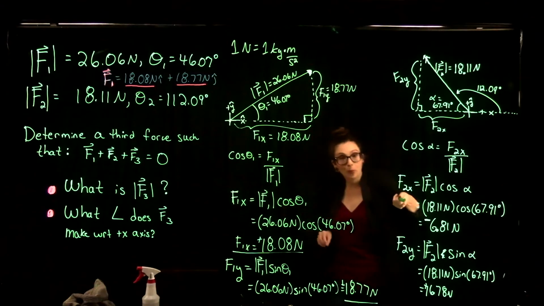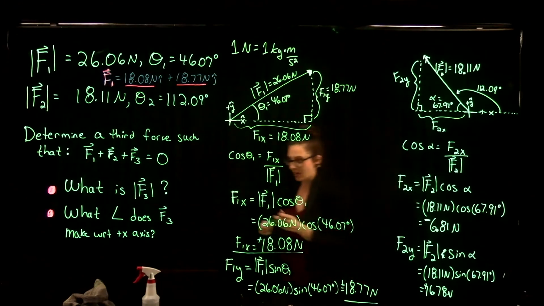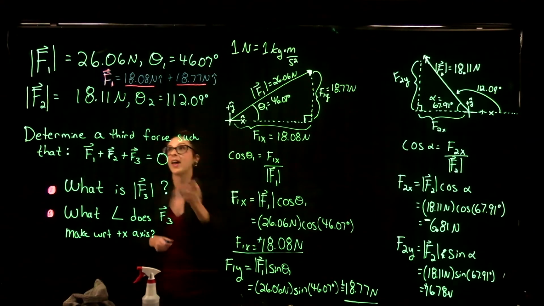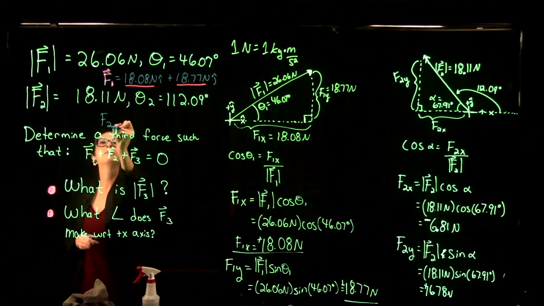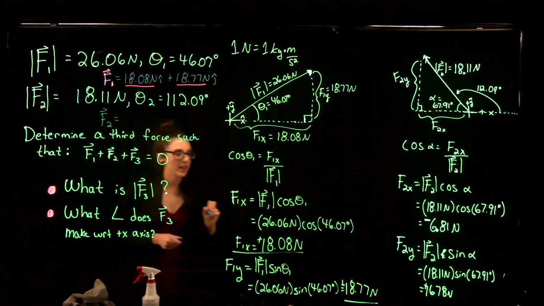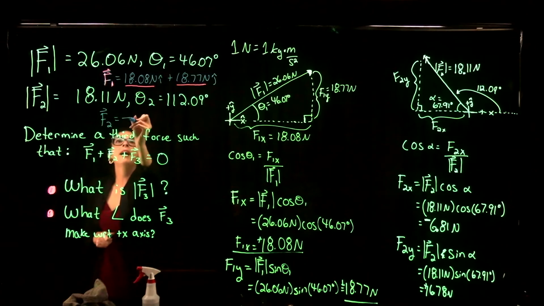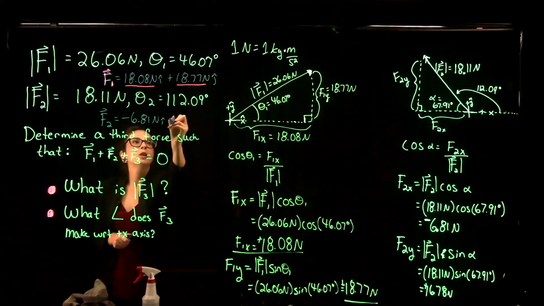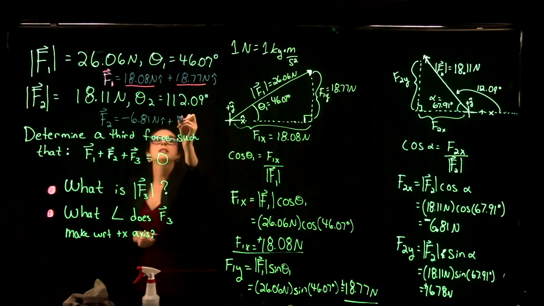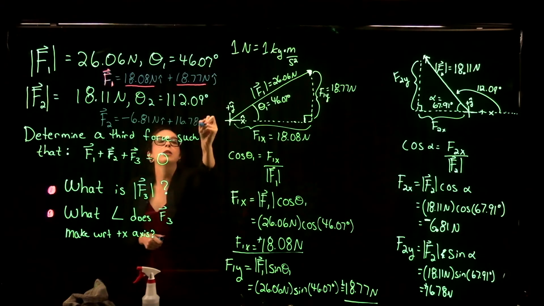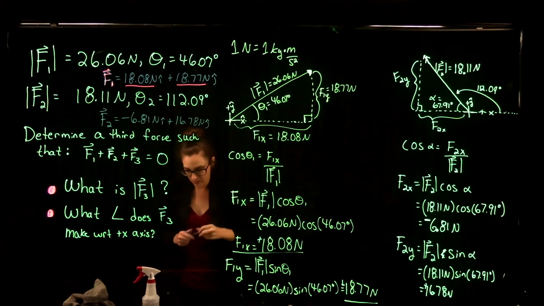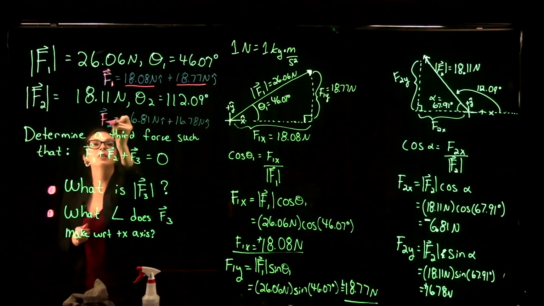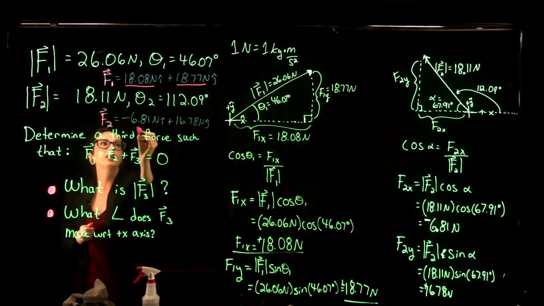Now we want to write F2 in its unit vector notation. So I'm going to say that F2 is equal to its x component, minus 6.81 newtons i hat, plus 16.78 newtons j hat. So this is what our vector F2 looks like in unit vector notation.